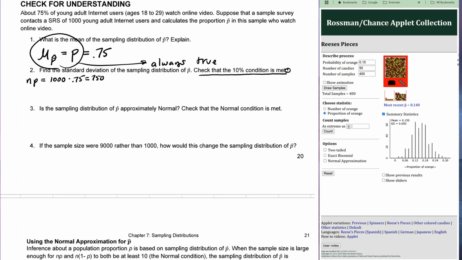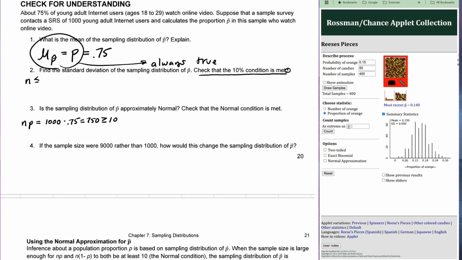That's 750. 750 is greater than or equal to 10. Oh, I'm sorry. I did that wrong. Please excuse me. This belongs down here. Let me try this again. 10% condition. That's the condition.